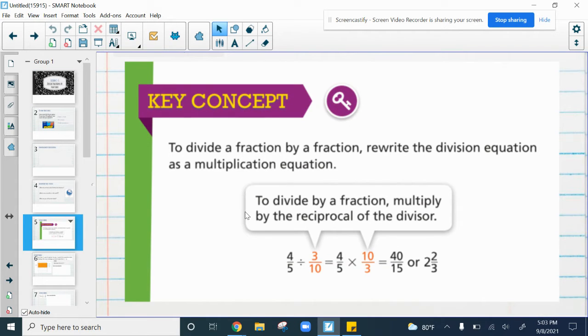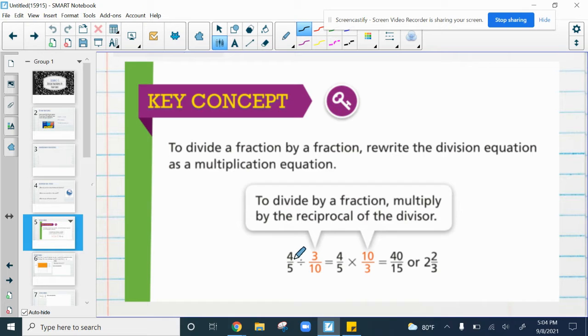We are going to be using the exact same process that we used yesterday, with the exception that we are going to have two fractions instead of a whole number and a fraction. But still the same process. We are going to be using our keep, change, flip, our Kentucky Fried Chicken, and that is how we are going to solve.